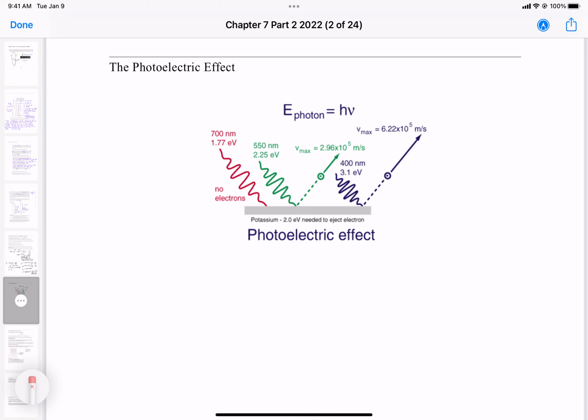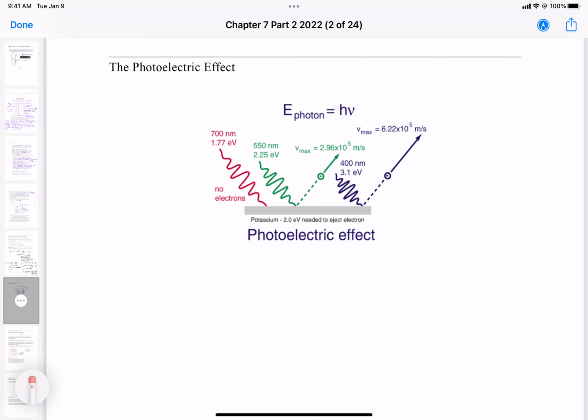So you see here, electron volt is another term for energy, so don't pay particular mind to it. We won't use electron volts, but you see here that with light at 700 nanometers, no electrons are emitted. But as soon as we add green light, we see here that we need at least 2 electron volts to eject an electron.